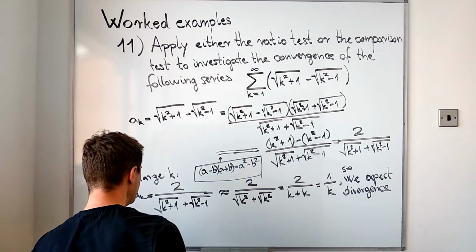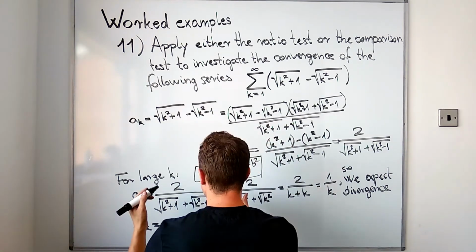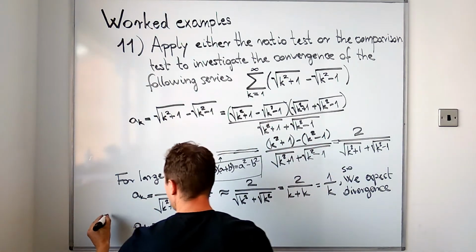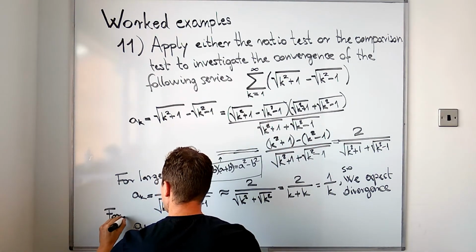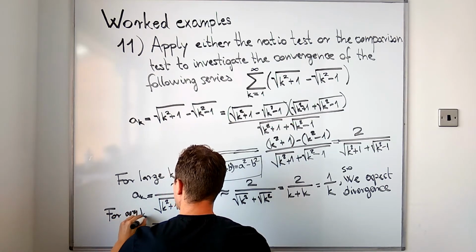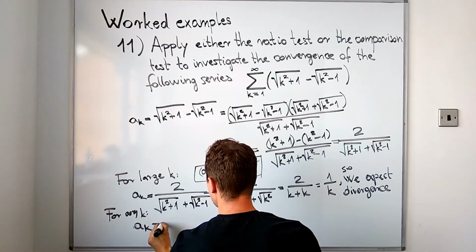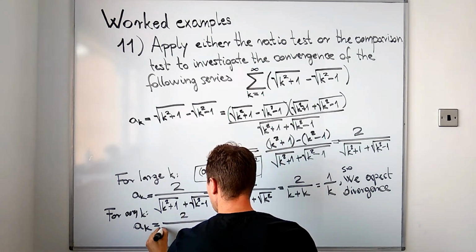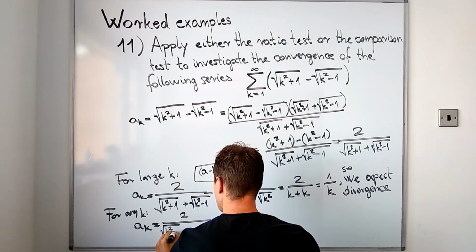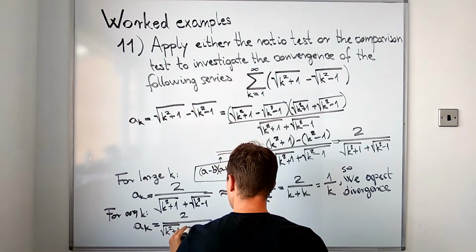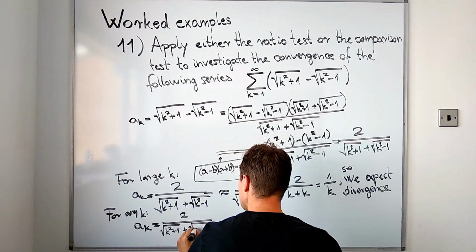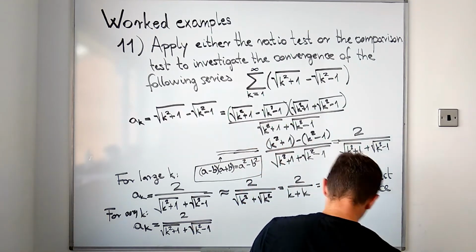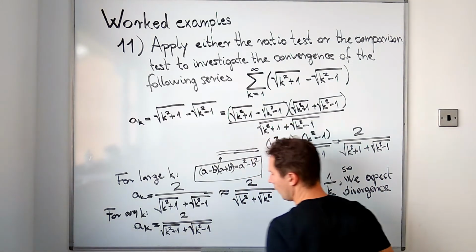We need to find some rigorous, proper bounds for any index k. Well, let's do that. So we have 2 divided by the square root of k squared plus 1 plus the square root of k squared minus 1.